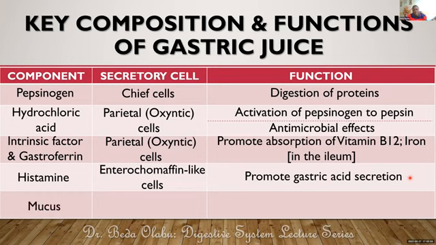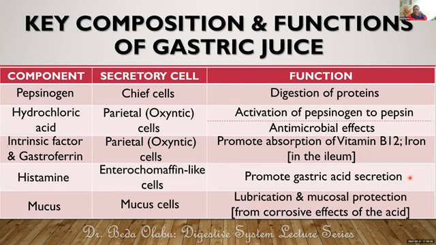Mucus is an important secretion of the gastric juice, and mucus helps to lubricate and also to protect the mucosa against corrosion by the acid and against abrasion by food. So these are the components of gastric juice.